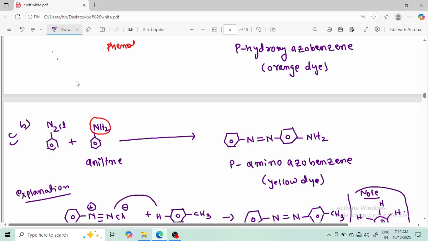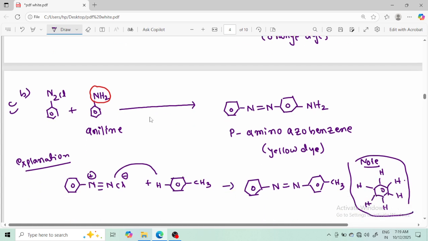Please correct this one, okay? This is that coupling reaction. The first one gives orange dye, and the second one is yellow dye, okay? So if I change this one, it will be NH2, and here it will be NH2, okay? Please correct this one. This explanation part, again I am saying, is only for observation.